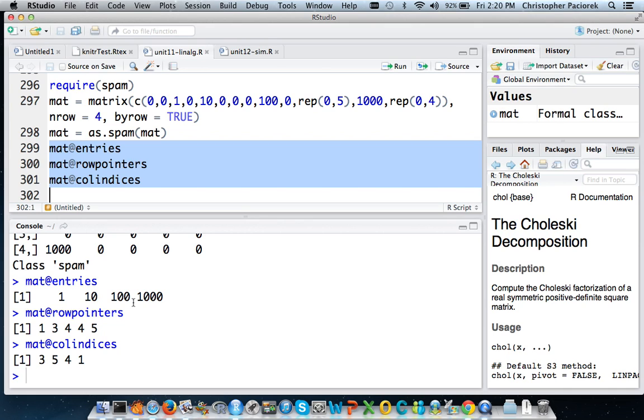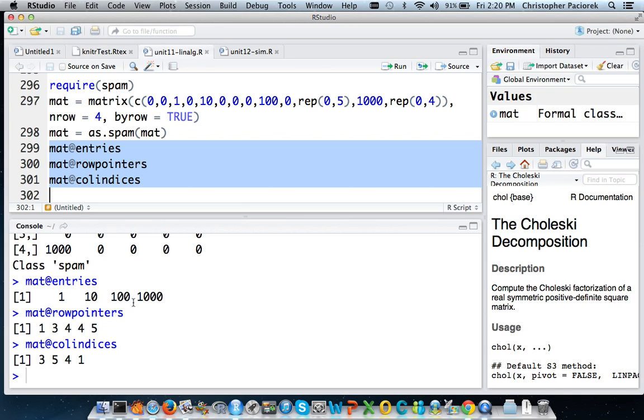So the first value is, so if I want to find the first non-zero value in the first row, let's see, no, I'm not getting this right. It's the reverse of that.